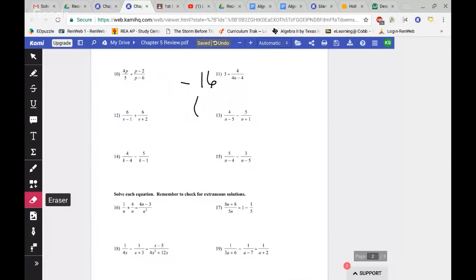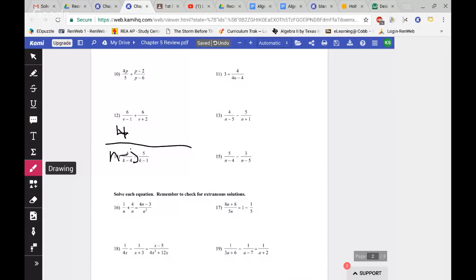All right, moving along to number 13. Really nothing to factor. So we'll just get that common denominator, which is going to be, we're going to start with 4 over n minus 5. And then we're going to have to multiply that by this other factor, n plus 1. And since we've done that at the bottom, we have to do it at the top in order to not change the value of the fraction.